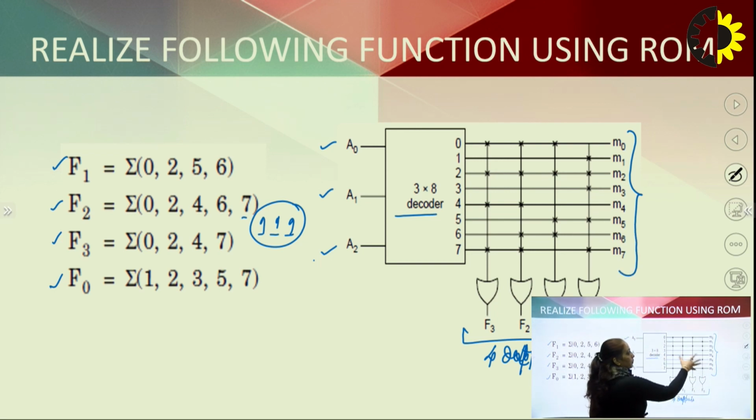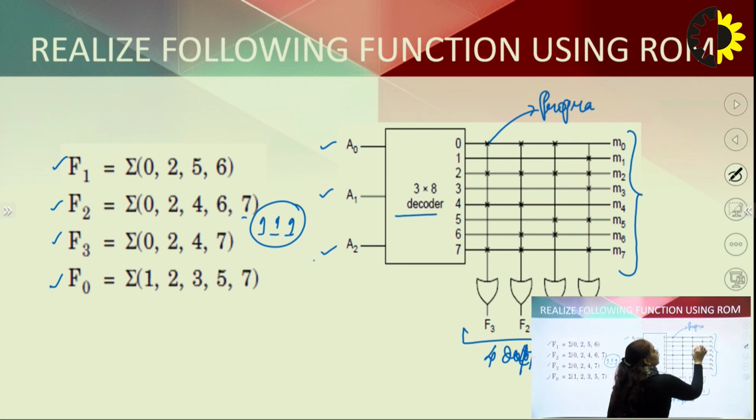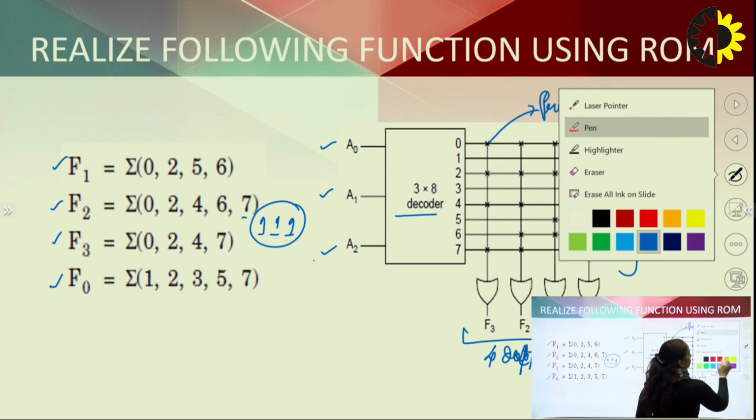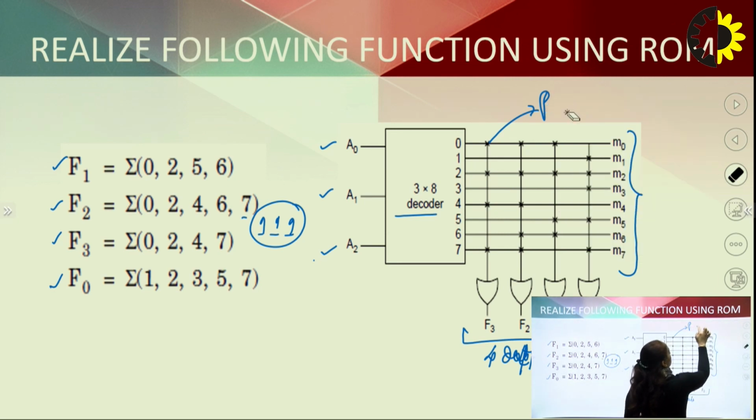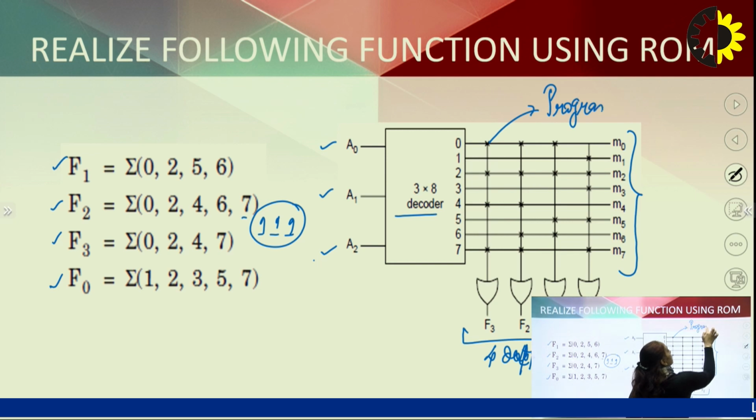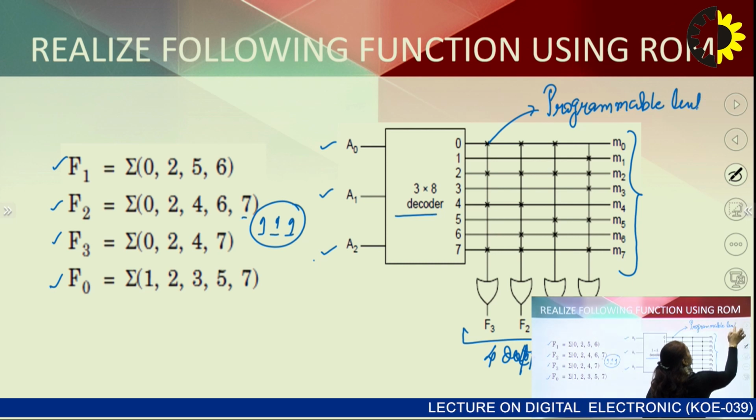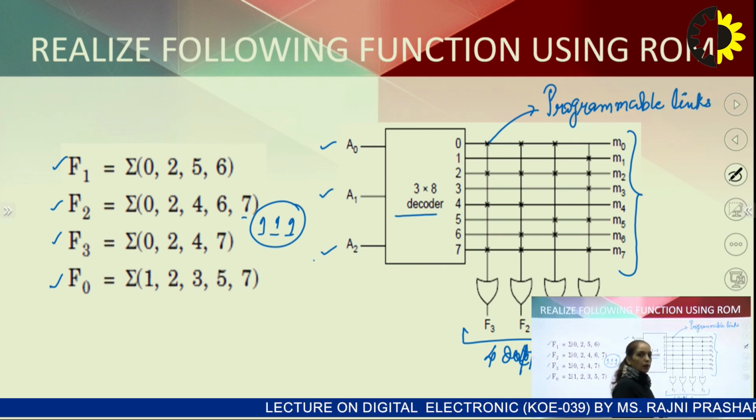In the memory structure, the inputs are connected to the address lines, these will be connected to the output lines, and here we have the outputs. These are my programmable links.